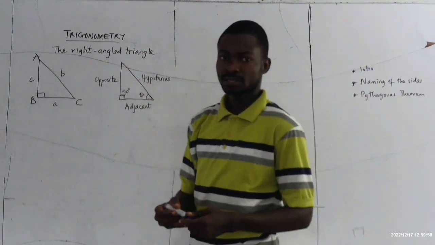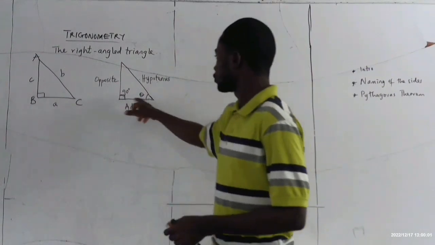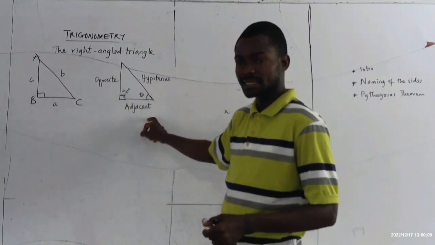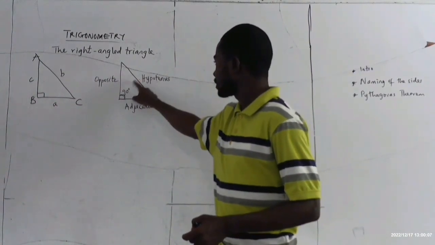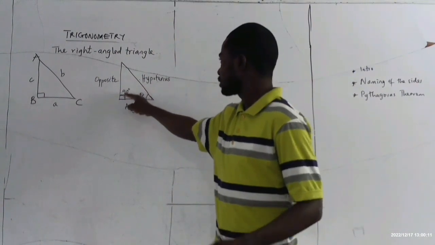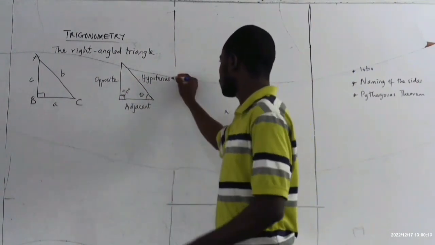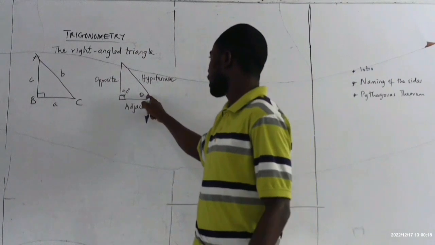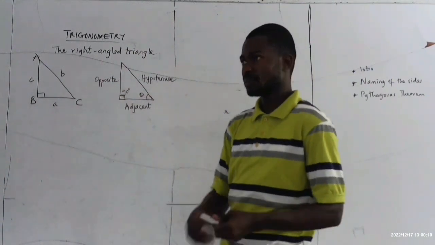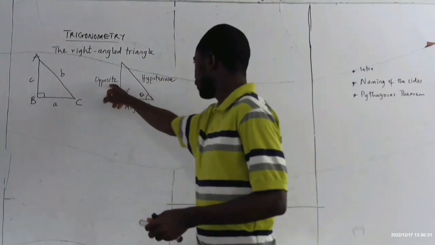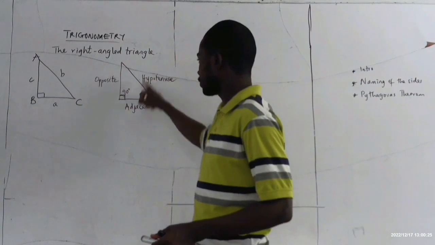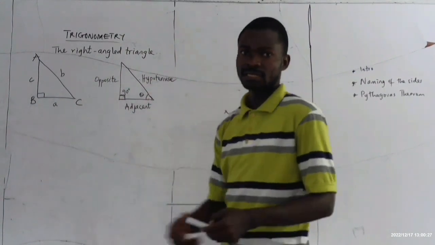I'll tell you again. The side linking the 90 degree and the acute angle is adjacent. The side facing the 90 degree box is hypotenuse. And the side facing the angle is opposite. Very simple. Just remember, the angle faces here, opposite; 90 faces here, hypotenuse; then the last one here, adjacent.